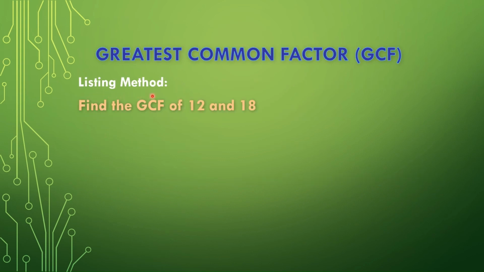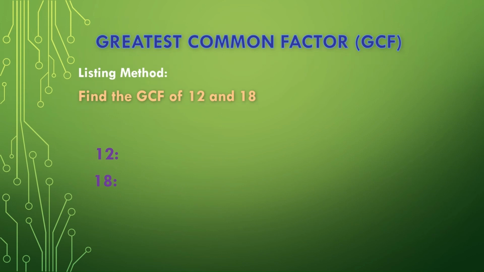Using the listing method, let's find the GCF of 12 and 18. So let's start by writing 12 and 18 first. By listing method, we will literally write all the factors of 12 opposite it, and the same with 18.